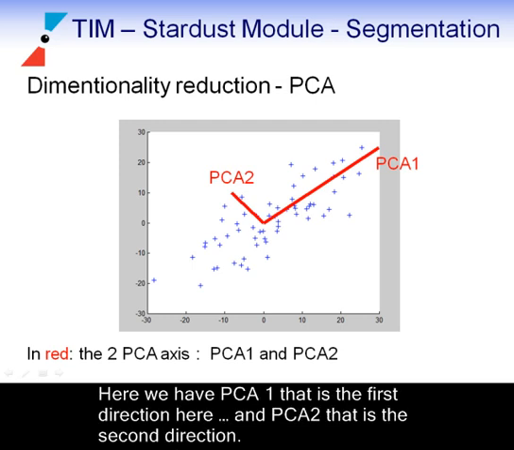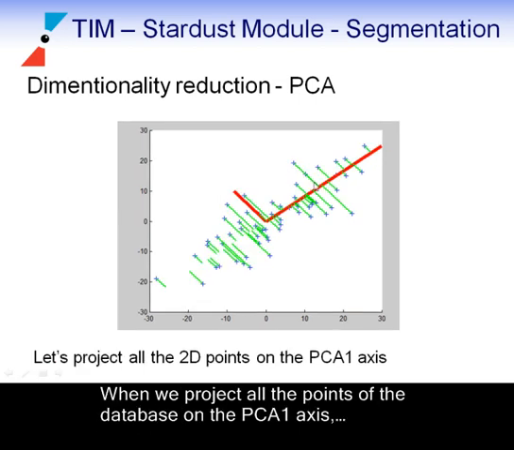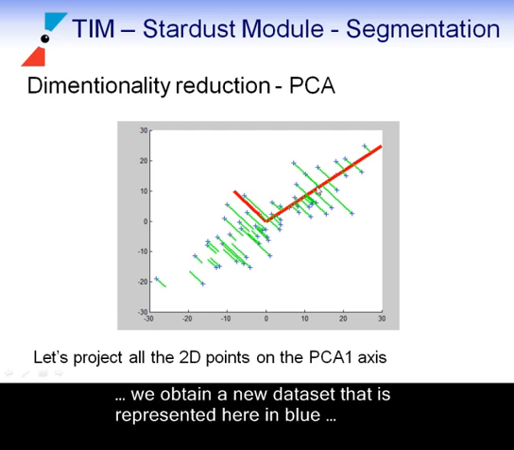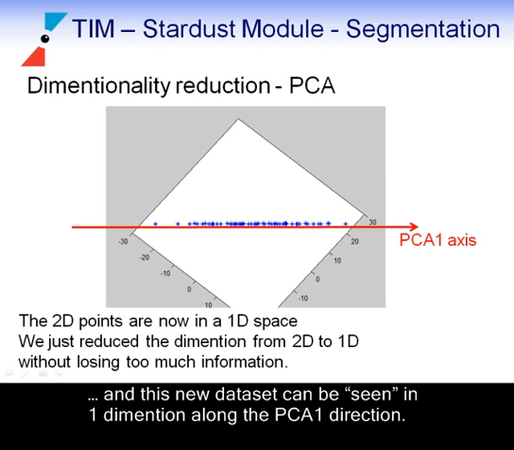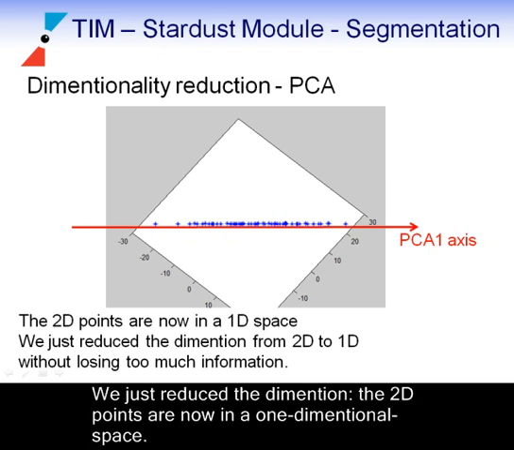Here we have PCA1, that is the first direction, here, and PCA2, that is the second direction. When we project all the points of the database on the PCA1 axis, we obtain a new dataset that is represented here in blue. And this new dataset can be seen in 1 dimension along the PCA1 direction. We just reduced the dimension. The 2D points are now in a 1-dimensional space.